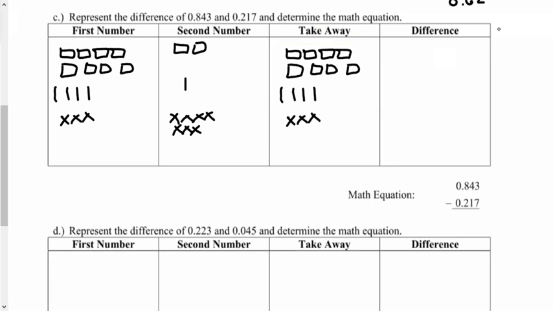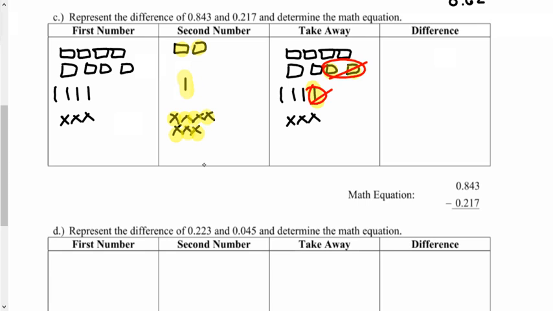And now if I want to start getting rid of these, I know I've got to get rid of 2 of those, so I'll get rid of those 2. Those are gone. And then I've got 1 of these rods, so we'll take that and get rid of it. That's gone. And then I've got 1, 2, 3, 4, 5, 6.